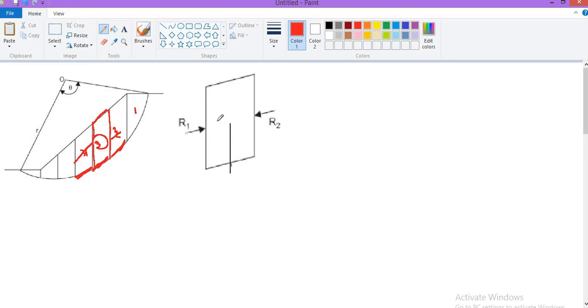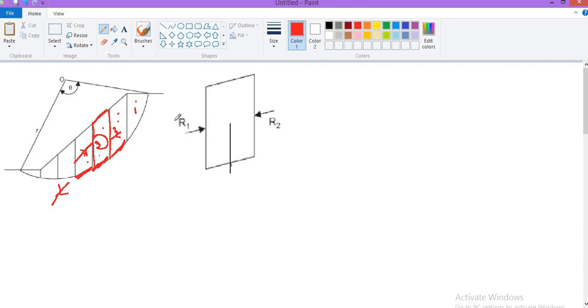So we know there are two reactions. If this slip circle slides, we know this whole portion will slide. This is a critical slip circle that most probably will slide. When it slides, all these sliding sectors, or slices, will slide together.